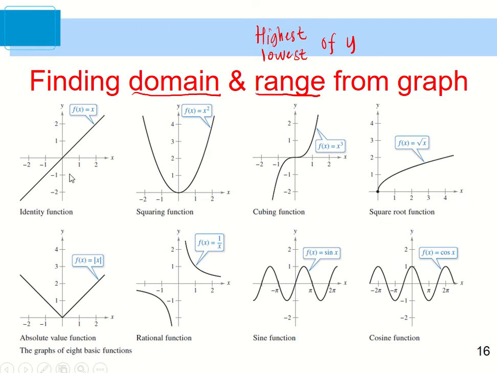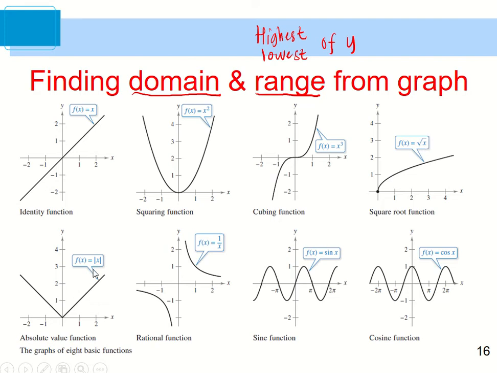In the following discussions, we are going to find the domain and range for various functions as stated here: the linear function, the quadratic function, the cubic function, f(x) equals x to the power of 3, and the square root function, f(x) equals square root of x.